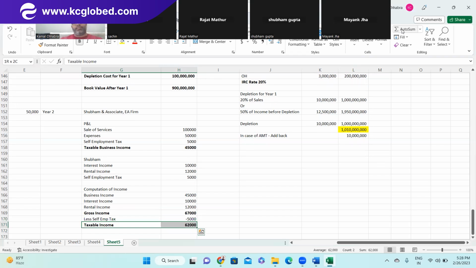Make sense? Yes, sir. So this $5,000 of self-employment tax paid as employer will be an allowable expense for the business purpose, and this $5,000 which he has paid for himself is allowable as a deduction from the gross income. Everyone comfortable?